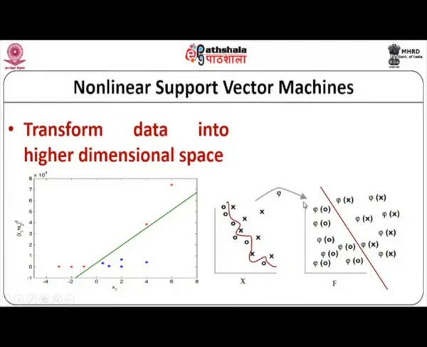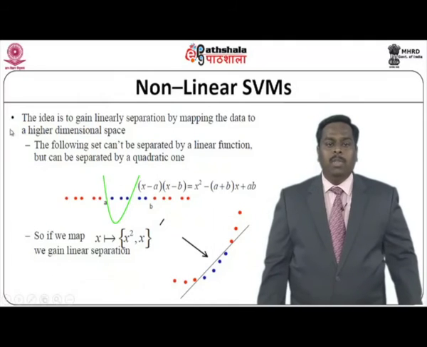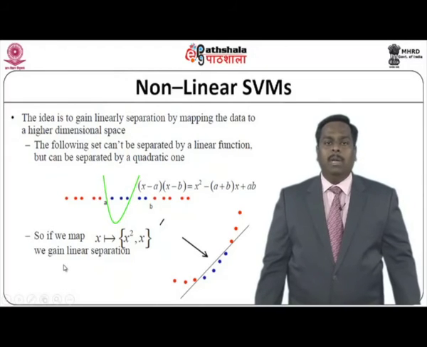We apply the transformation for the data represented by O, and also the transformation of the data represented by X. So, transformation of O and transformation of X. Now, when you transform, the data gets transformed into a higher dimensional space, and hence we can end up with a proper decision boundary for demarcating these two types of data. So, what we are trying to do here is work with a non-linear support vector machine.